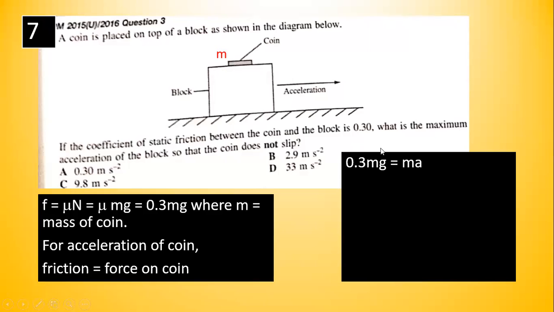So friction, you got that? That's your friction. You happen to be right. Equals to MA. So M and M cancel off. Mu is 0.3, g is 9.81. Multiply out, you get the right answer, correct? You are right.